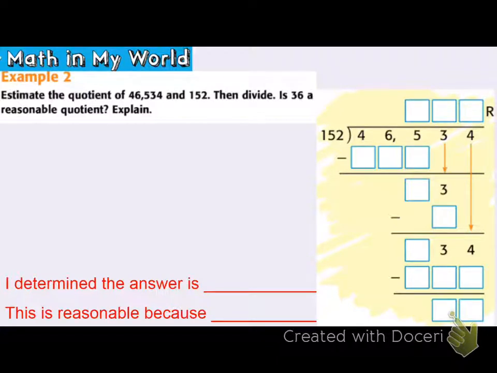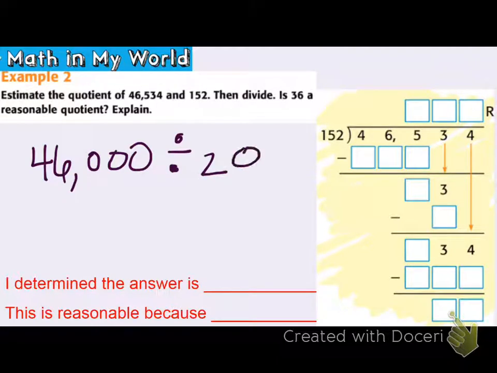Well, if I was going to estimate these, I would probably estimate 46,534 to 46,000. You could also change it to 47,000. That's fine too. Okay? And then I would estimate 152 to 200. I want to be able to estimate so that I can do this as mental math, right?